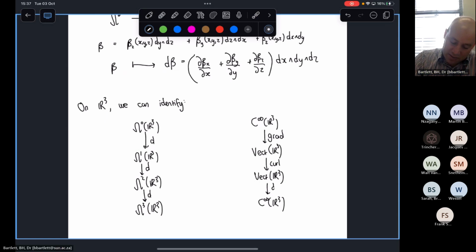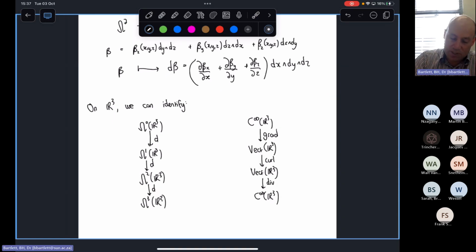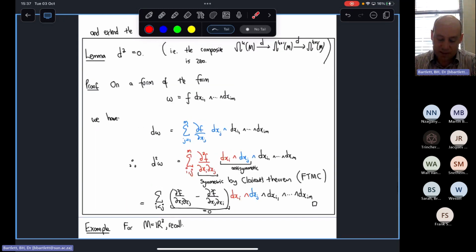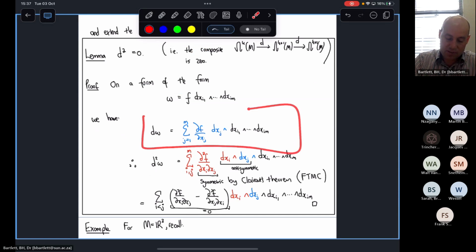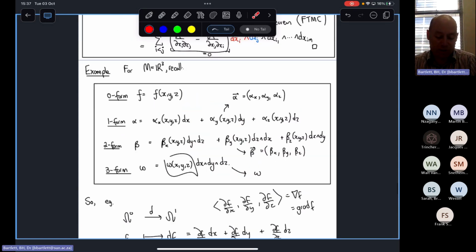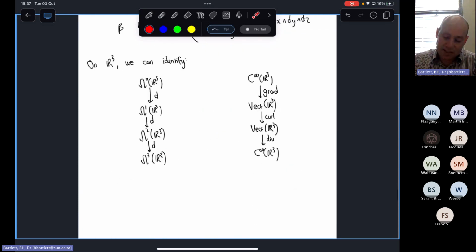So incredibly, with just a single formula for d, which was this formula here, that single formula has led to three separate things that we know and love as operations in multivariable calculus.